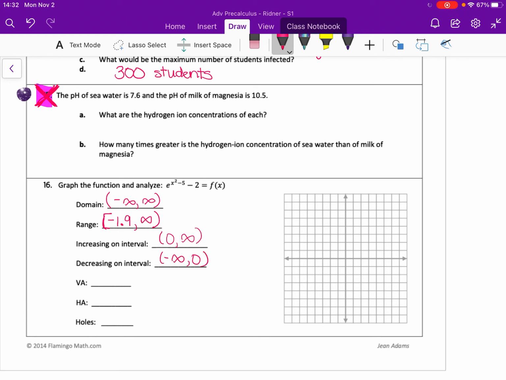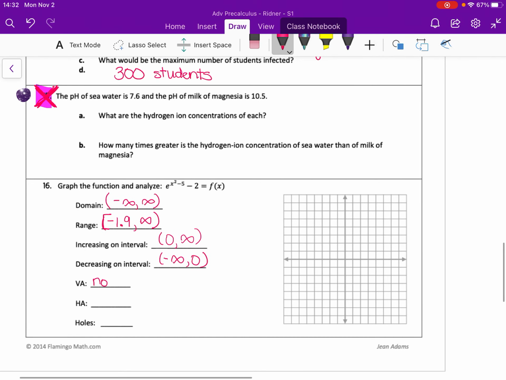Remember, the only time you use brackets is domain and range if it's included, so everything else is parentheses. And then there are no vertical, horizontal, or holes.